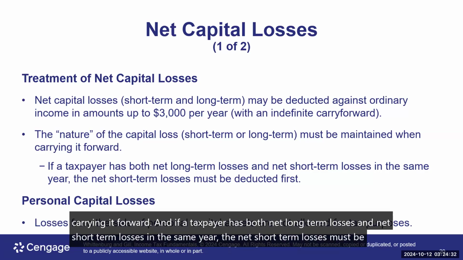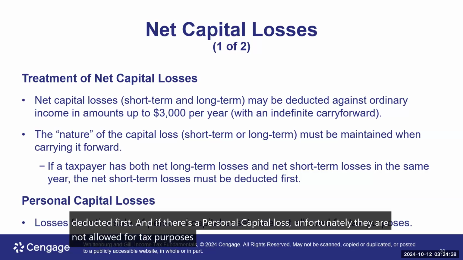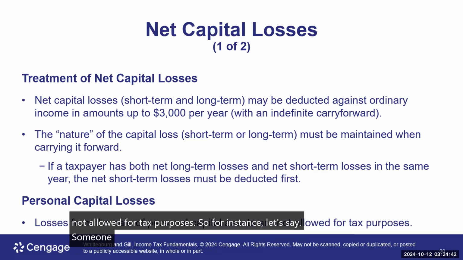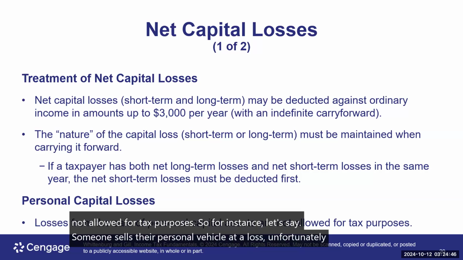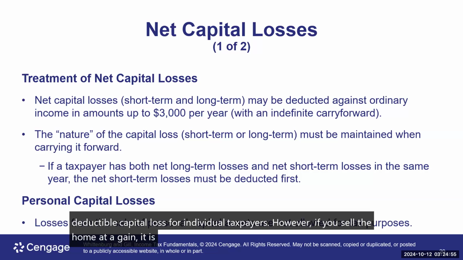And if there's a personal capital loss, unfortunately, it is not allowed for tax purposes. So for instance, let's say someone sells their personal vehicle at a loss. Unfortunately, it's not a tax-deductible capital loss for individual taxpayers. However, if you sell the home at a gain, it is considered taxable.